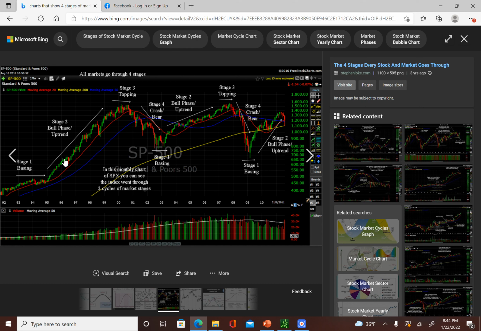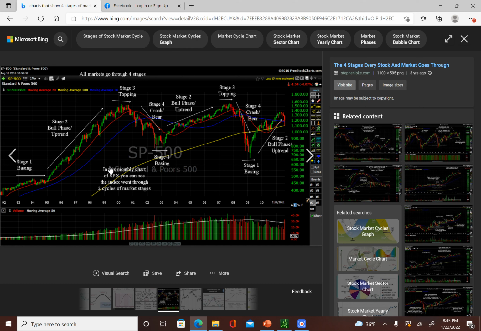So there will be bases in your markup phase. You'll have multiple bases depending on how strong the stock is. It could vary in how many bases you'll have, but even in the markup phase, you'll have what we call bases, where you enter a sideways zone.